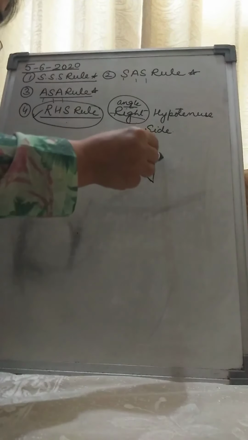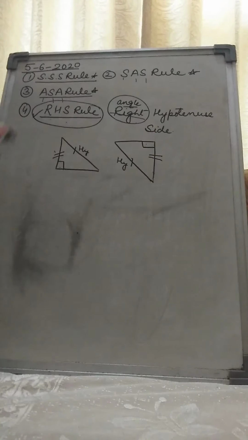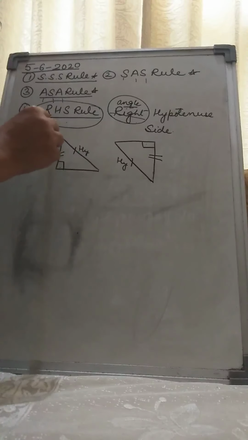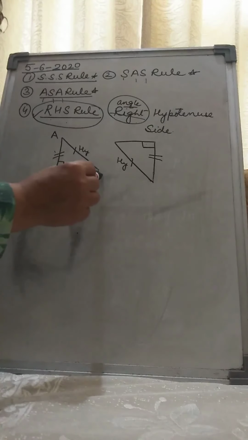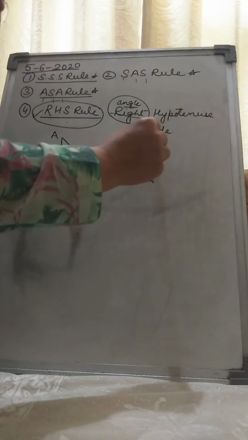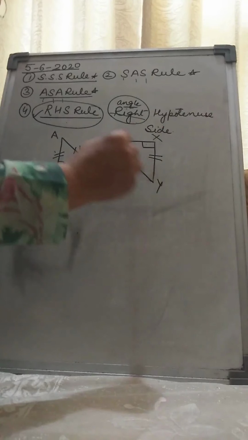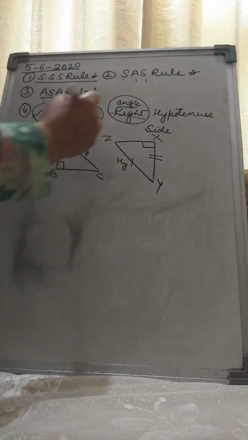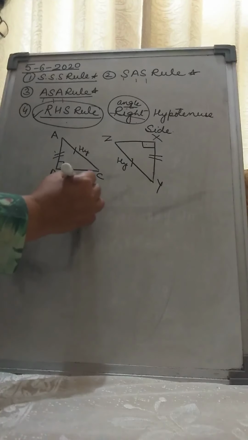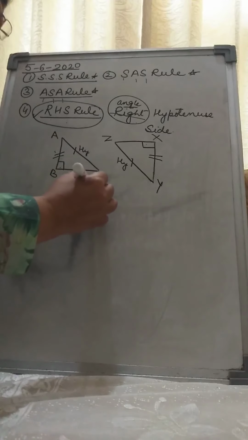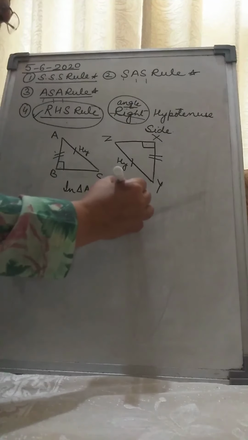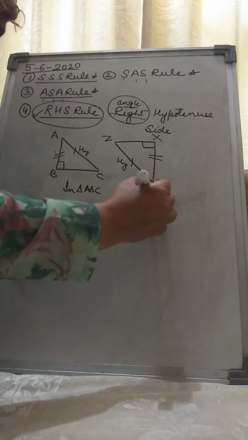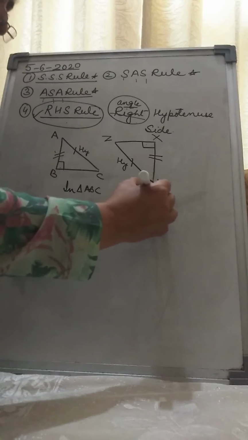I mark this, here I mark this. Label the triangle as A, B, C, X, Y, Z. Now you have to be careful that angle B and angle X both are 90 degree in triangle ABC and triangle YXZ.